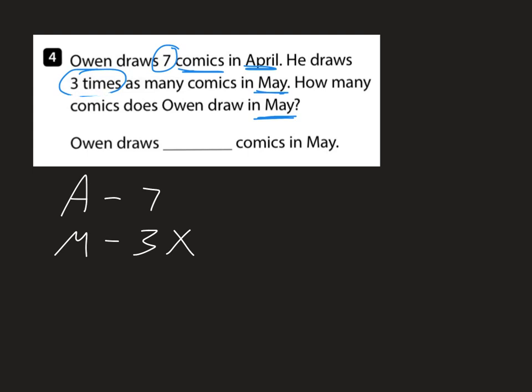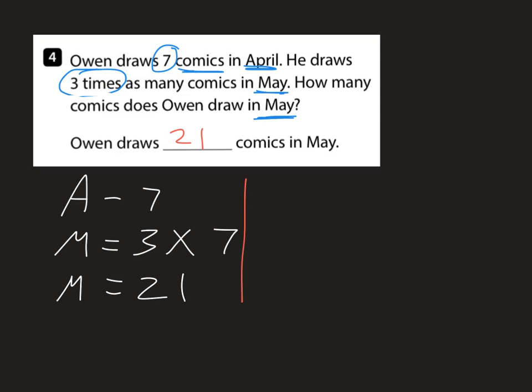So 3 times April, which is 7. So we have our equation with our variable, our unknown value, and let's solve for M. M equals 21. So Owen draws 21 comics in May.